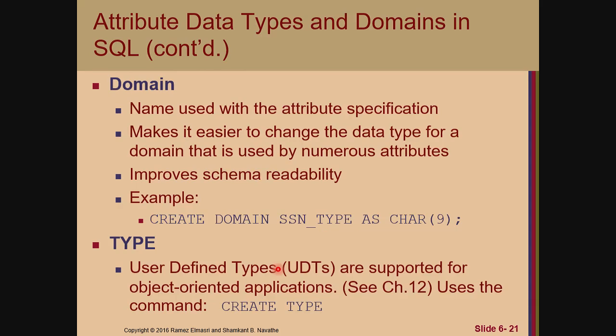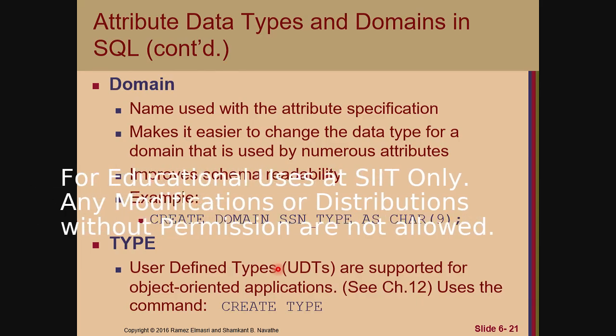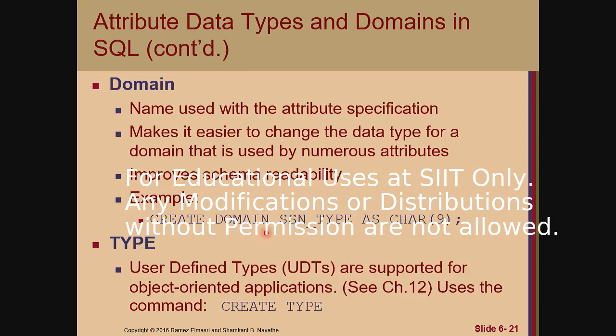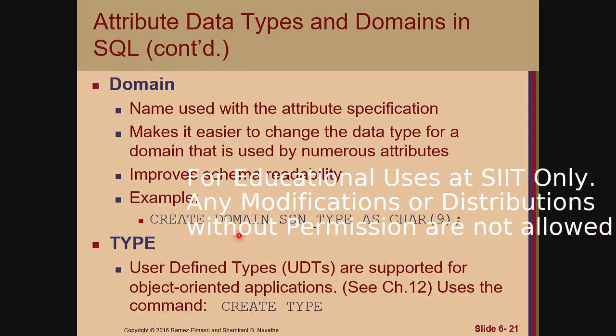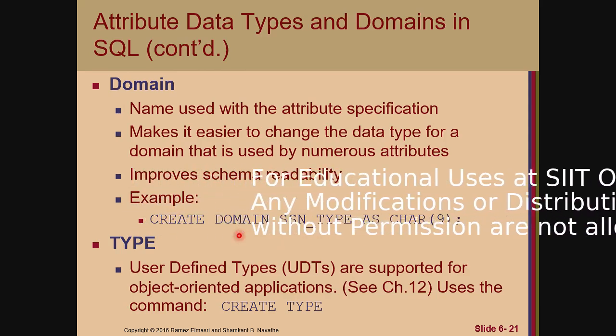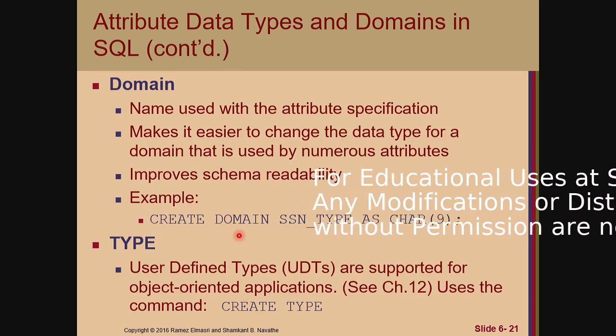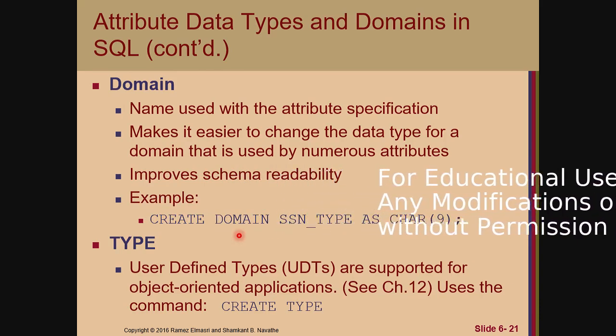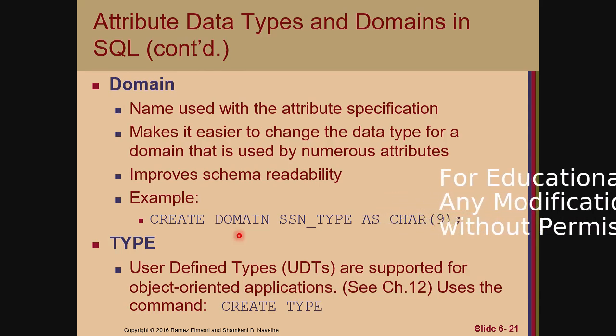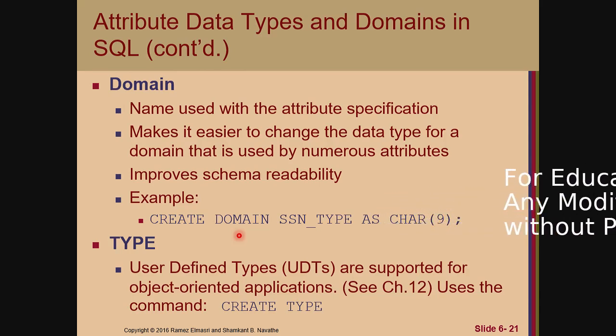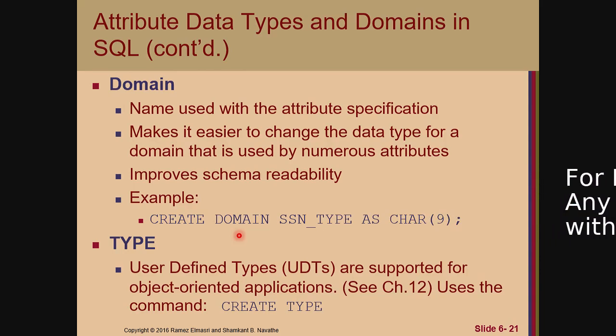And the domain of the data. You can create a domain once, because sometimes you have a specific domain with some specific requirement. So you create the domain once, and then you can refer to this domain when you create a new table. If you have several tables, they use the same domain; you don't have to define it every time.